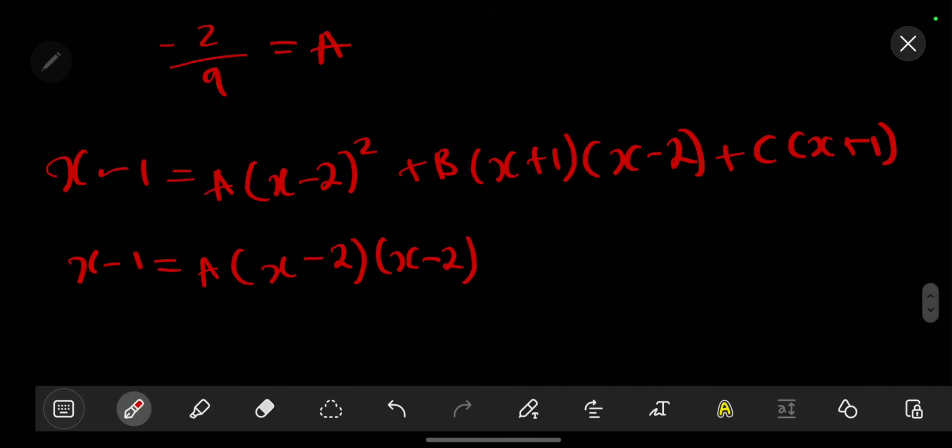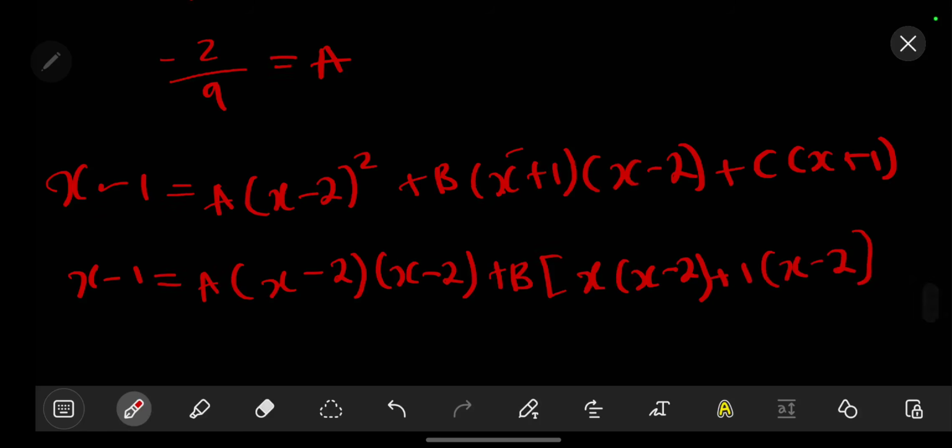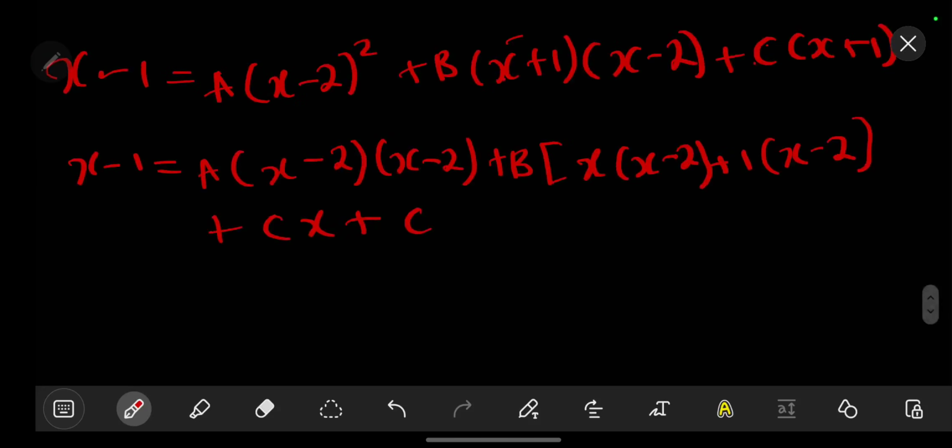So here we have plus our b, so we are just expanding. Then the first value multiplies everything, so we are going to have x minus 2. Then this second value again multiplies everything, x minus 2, like that. Then we are going to have plus c times x, it will be cx, plus our c times 1, it will be c, like that.